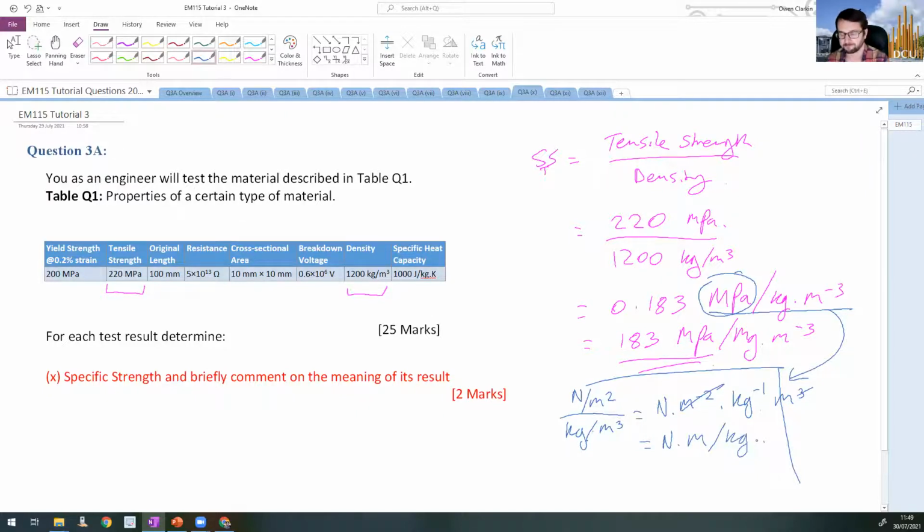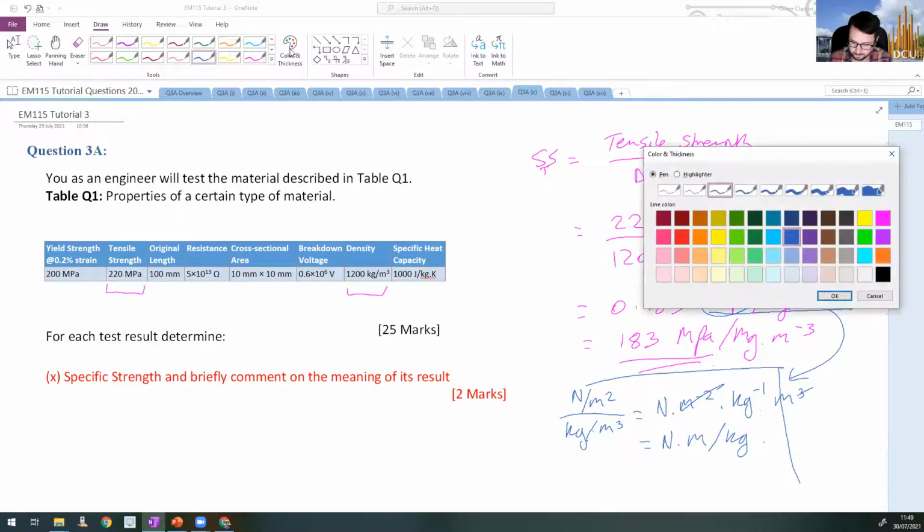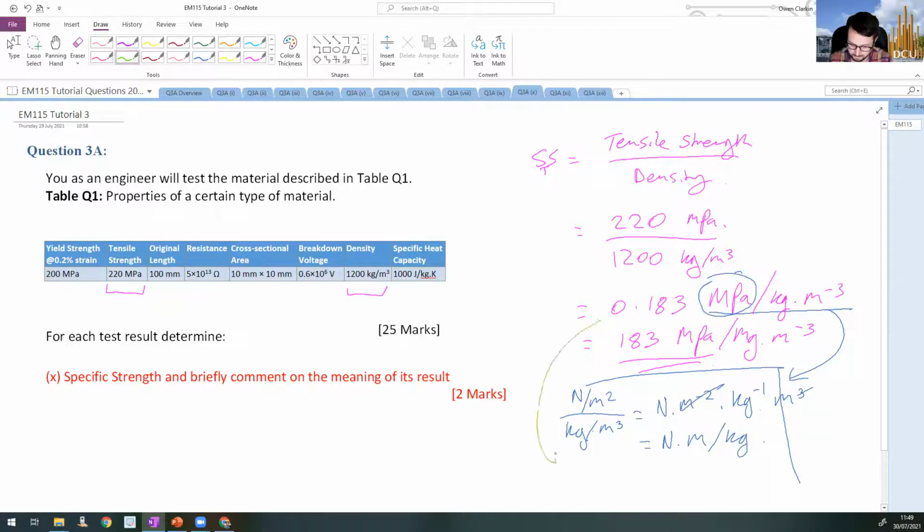Okay. So we could represent this as equal to 0.183 newtons per meter per kilogram. It would be the same thing.